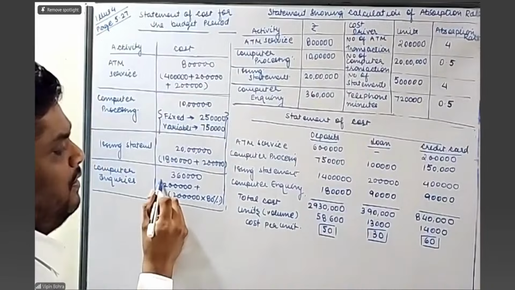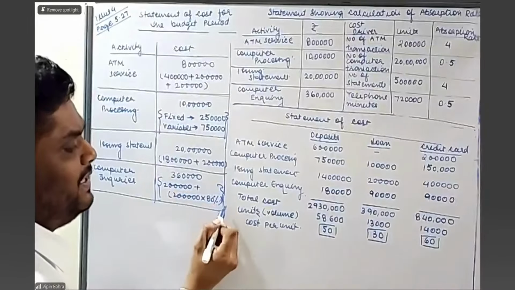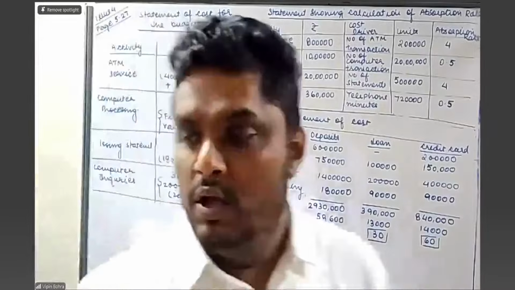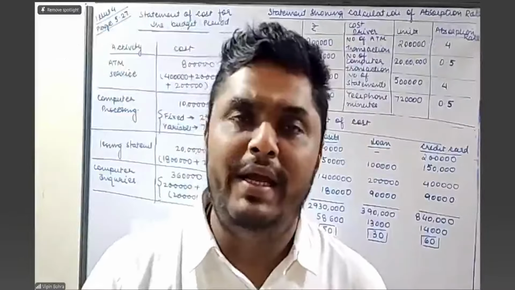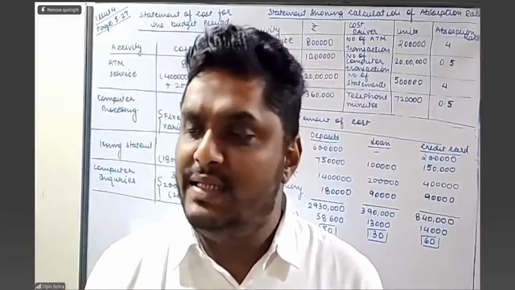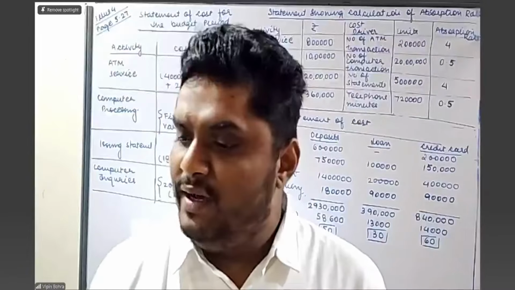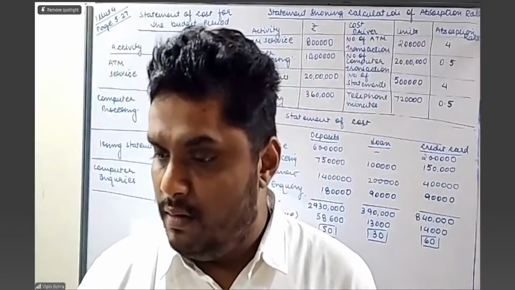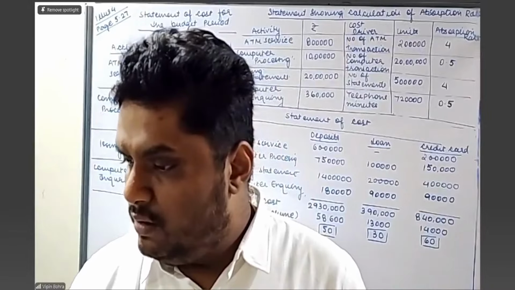So 80% of what it is increased? 2 lakh. So 2 lakh into 80%, how much will you get? 1,60,000. So 2 lakh plus 1,60,000, how much will it be? 3,60,000. Perfect. Now, one second, let me check.